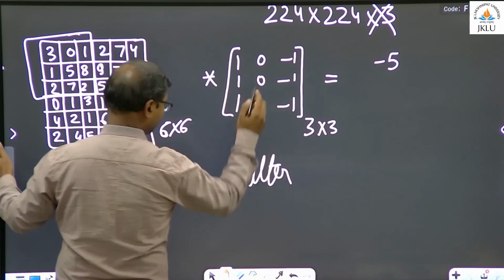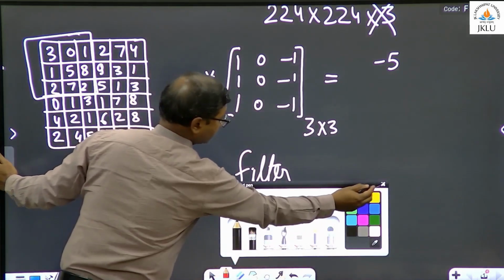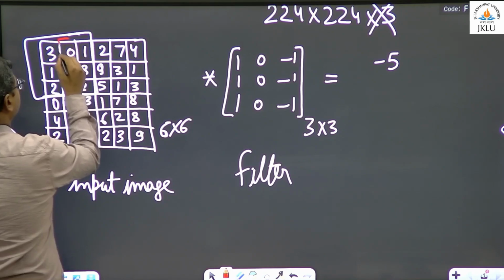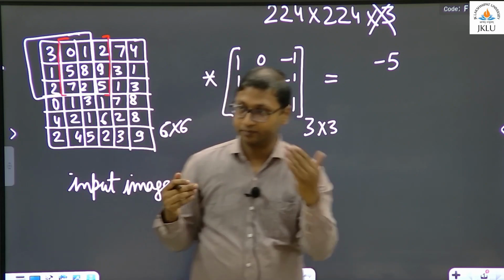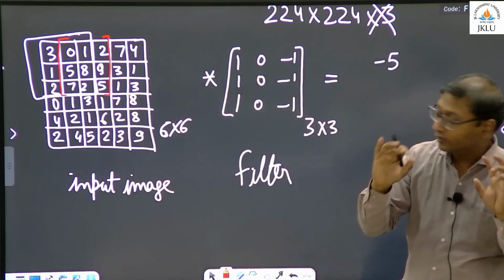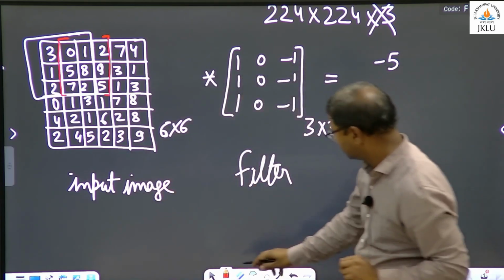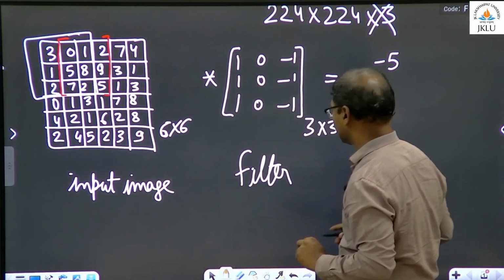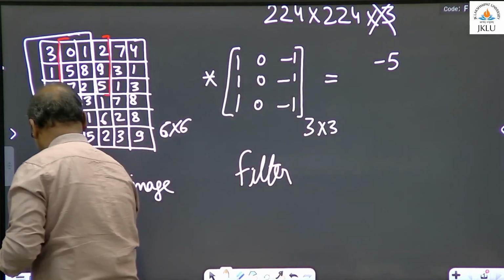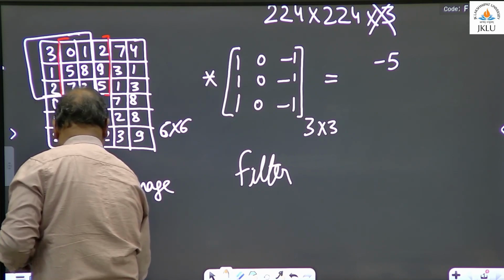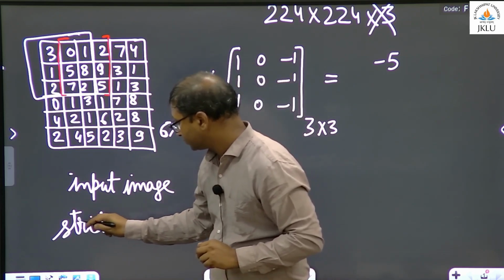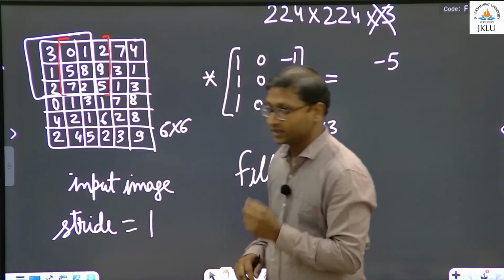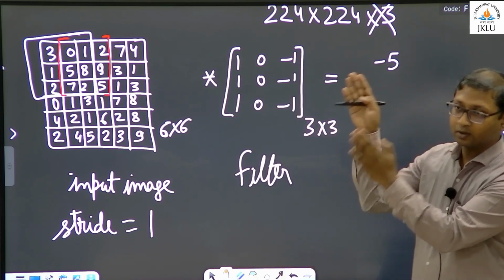Next time you will multiply it with this. You will shift one right. This shifting one right is called stride. So stride is 1 in this case. You just move by 1.